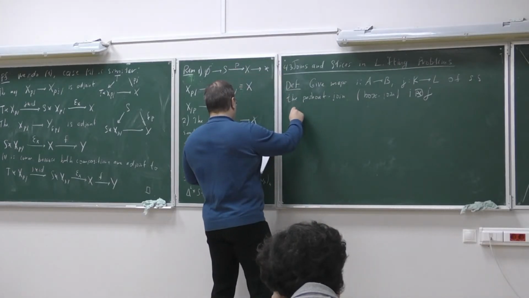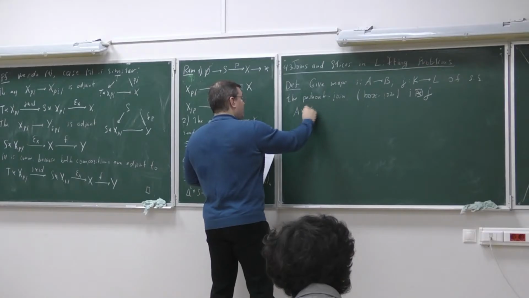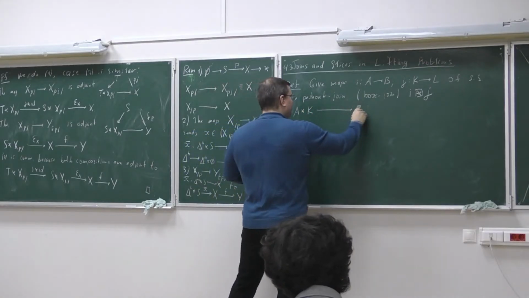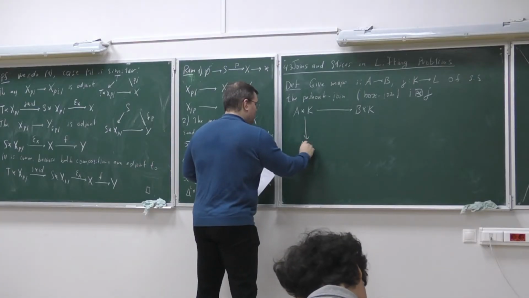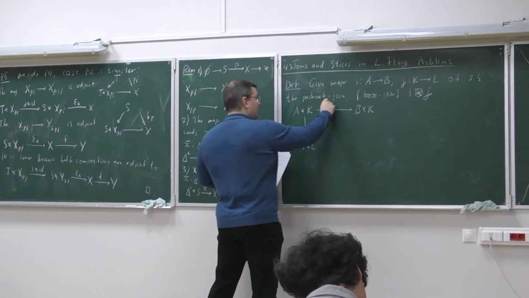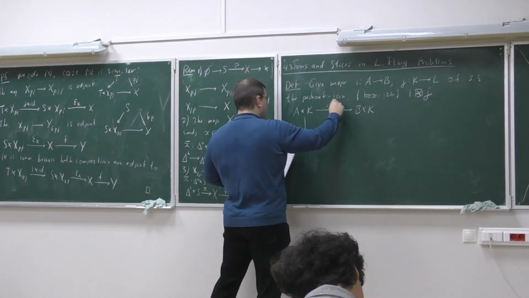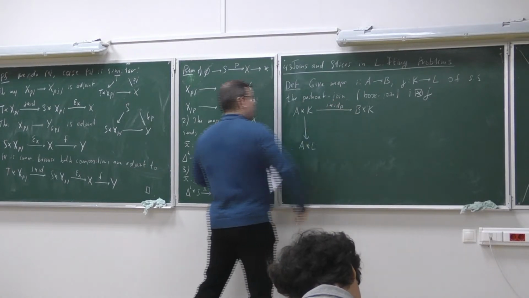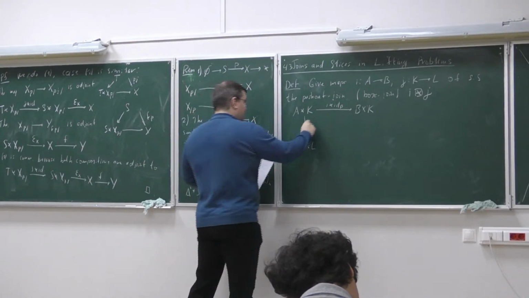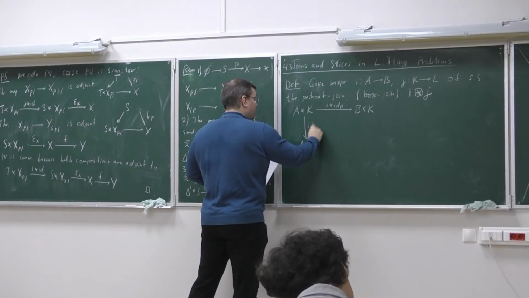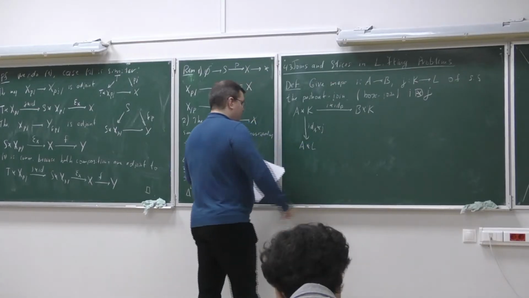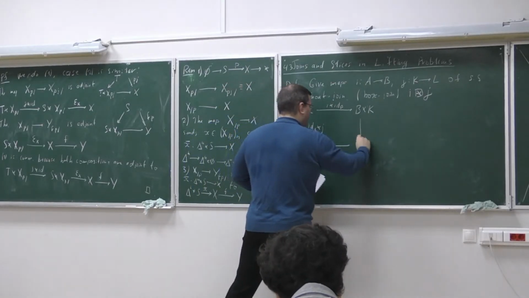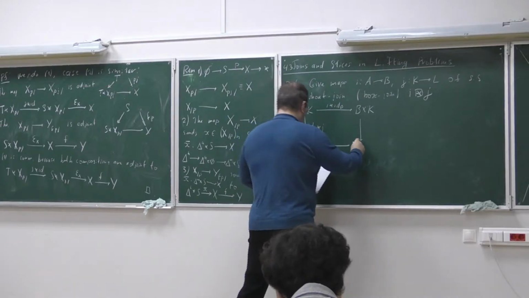Well, you have a diagram, take a join of A and K. There is a map from the B joined with K, and there is also a map to the A joined with L, right? So this is I joined with the identity on the B. The second map is the identity on the A and the join with the map J. So then we can form a push out.